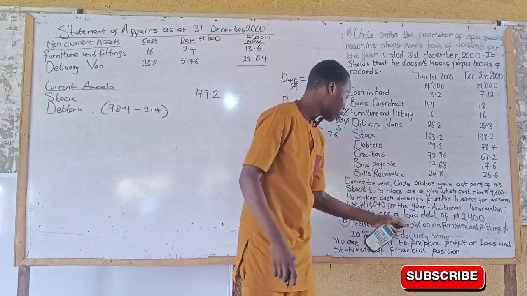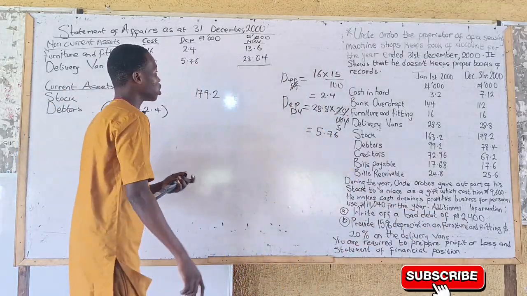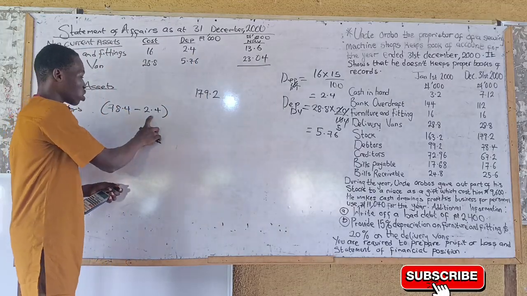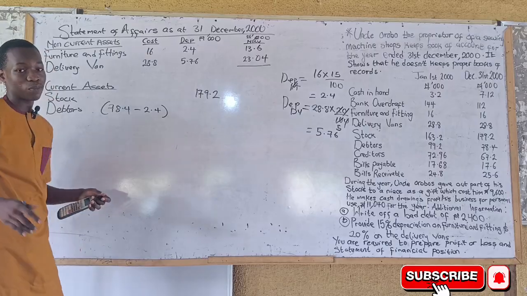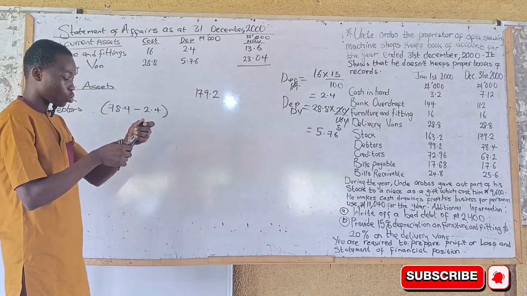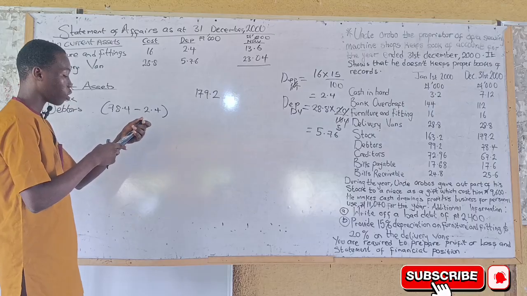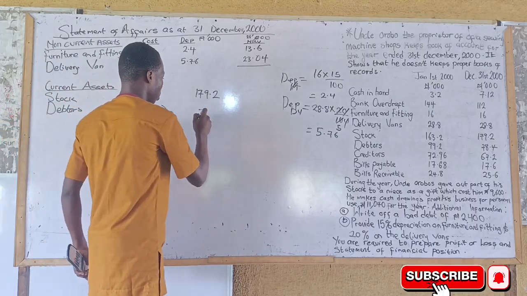So this, our bad debt which is 2,400, when we write it in this form, is going to be 2.4. So we are deducting 2.4 from 78.4. Do you get the logic now? So the balance there is going to be 76.